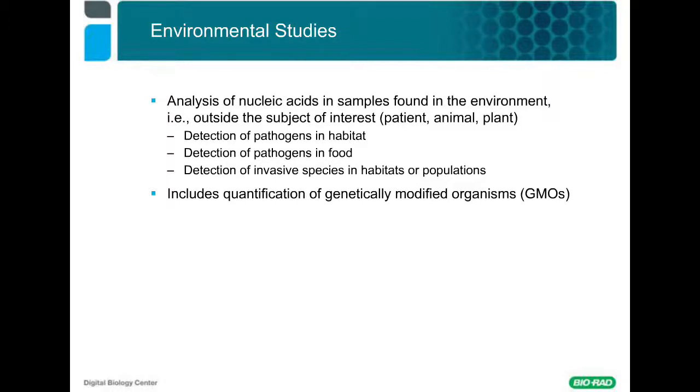This can translate into the detection and quantification of pathogens in the habitat, in food, but it can also apply to the detection of invasive species in habitats or populations. Given the concepts applied in both types of research, we will also include quantification of genetically modified organisms, or GMOs, as well as some data on the genetic analysis of mosquitoes using ddPCR.